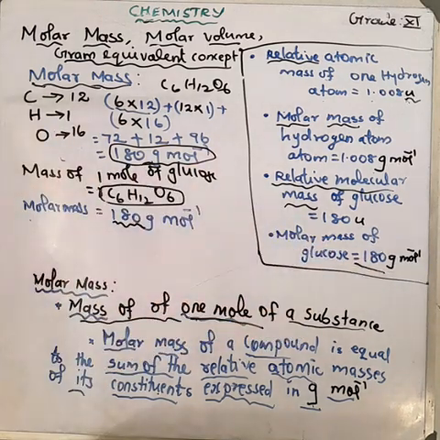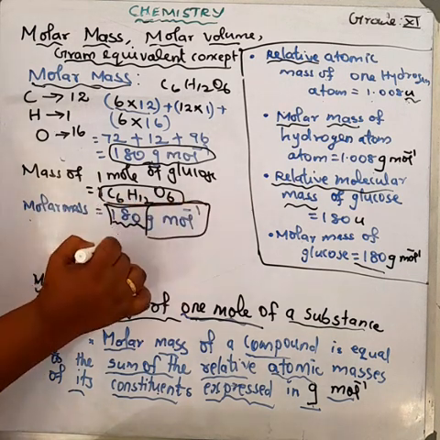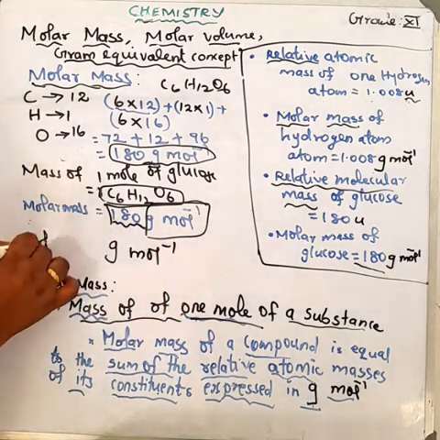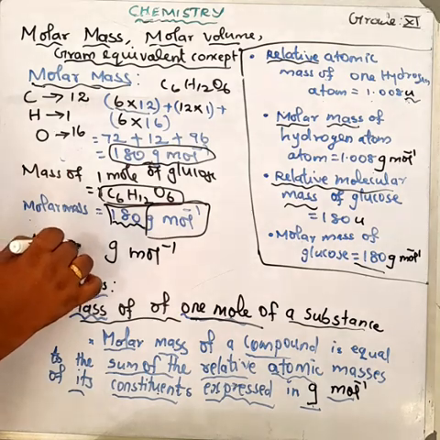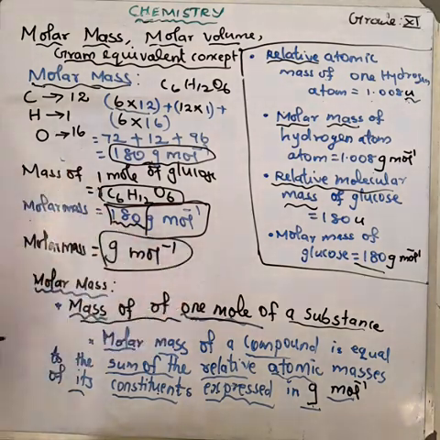When you write the molar mass of any substance, you should express it in gram per mole. That means the mass of 1 mole of substance is called molar mass. What do you mean by molar mass? Very important.